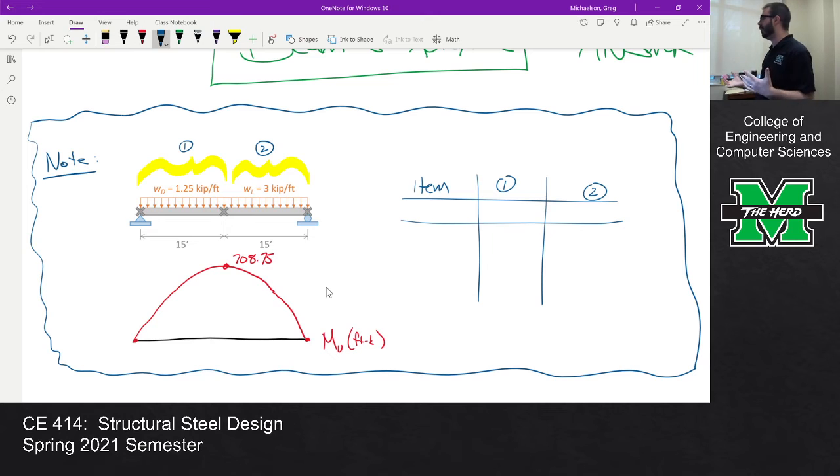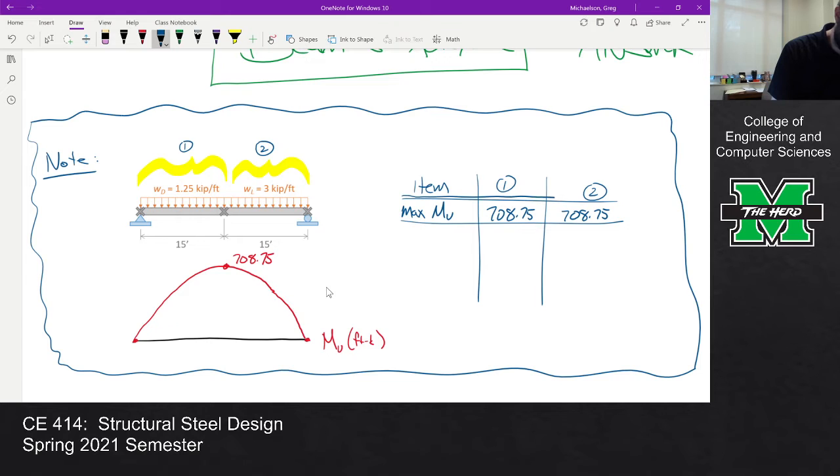So for example, what is the maximum MU for each segment? Well, it's 708.75, 708.75. That's the same, right?